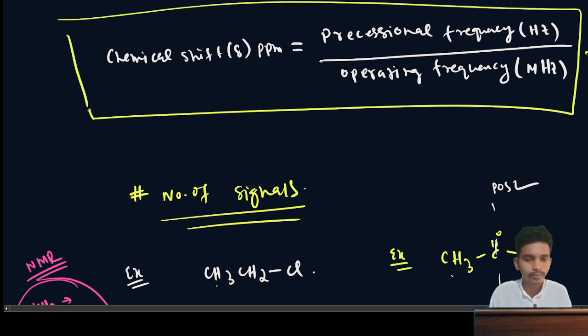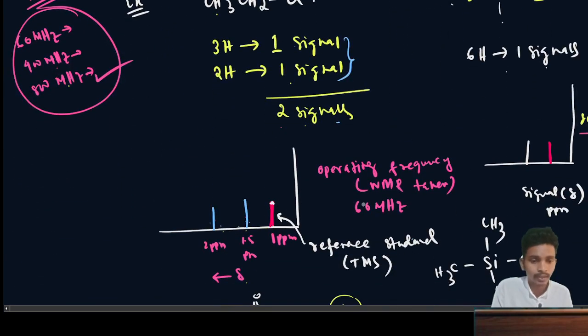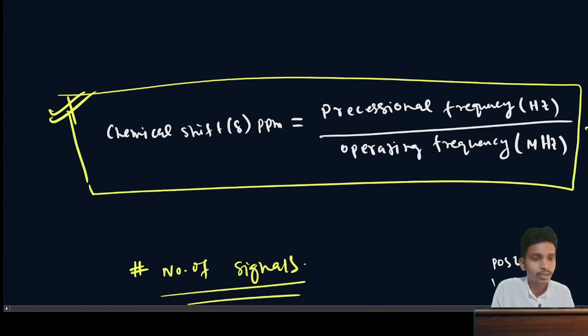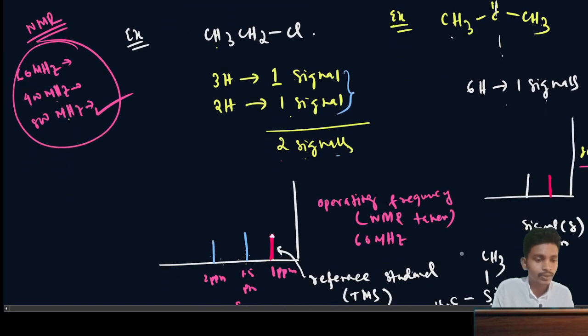If we have the precessional frequency and the operating frequency, then we can calculate the chemical shift value. This is the operating frequency, meaning the magnitude of the NMR we have taken. Let's say in this case we have taken a 60 megahertz instrument, so this will be 60.